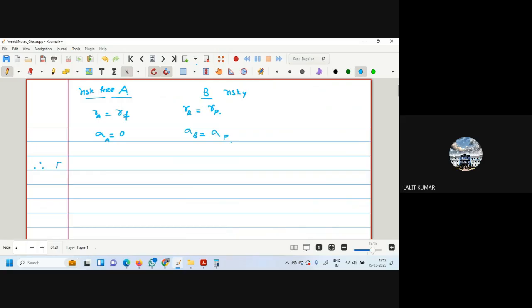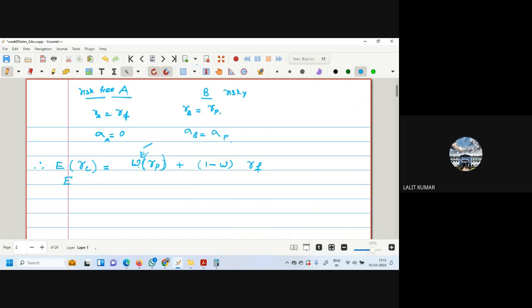Now we can write expected RC is equal to weight W into RP plus (1 minus W) into RF. Because this is a risky asset, I have to use expected.